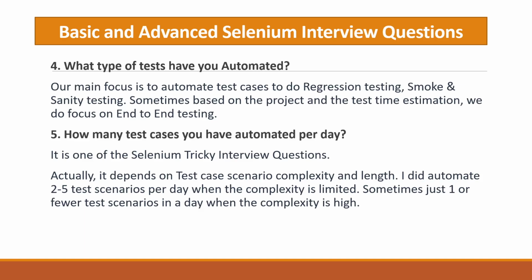Among these three testing processes, we mainly use the automation tool. It completely depends upon the project, and there is also some cutoff time to complete all our testing. We have to consider all these scenarios. Then, if everything is okay, we can move to end-to-end testing as well, like the complete application flow. Those are the tests that we are going to automate.